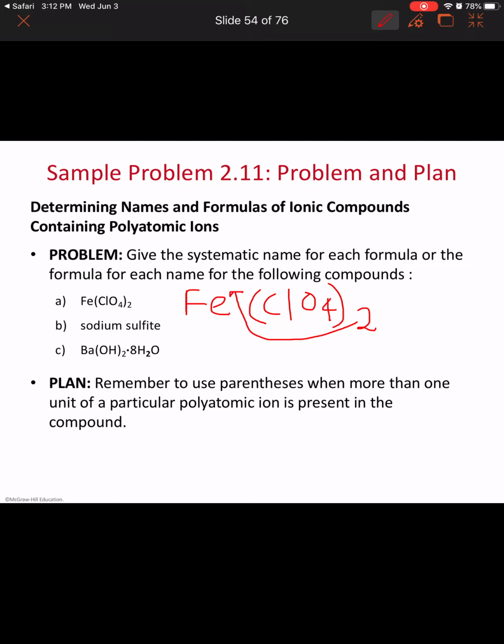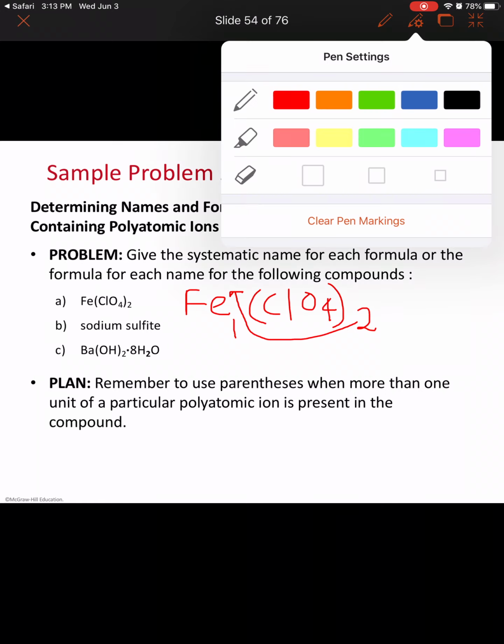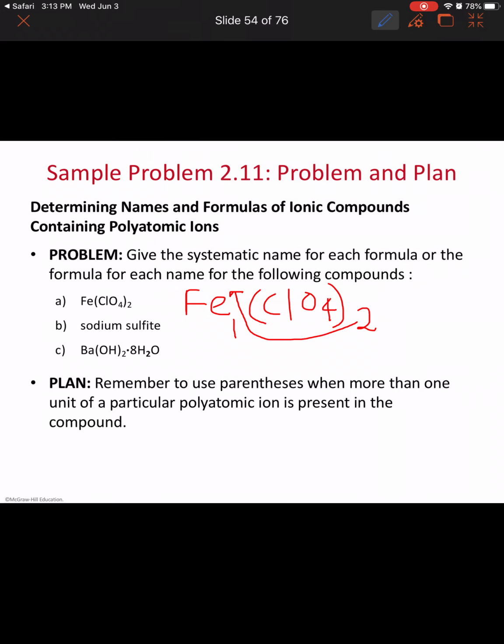The 2 subscript goes to the charge of iron, and when you don't have anything next to iron, that means it is 1, and 1 goes next to perchlorate, this one over there. So now we can figure out the charges: iron needs to be 2 and ClO4 needs to be 1.